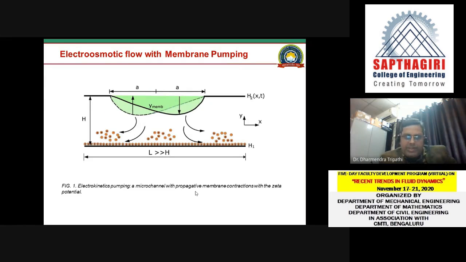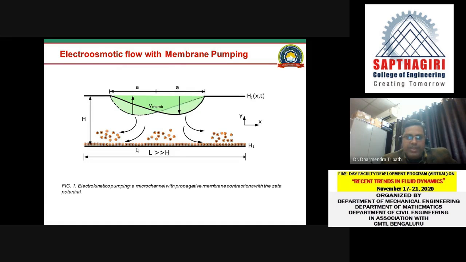So I will come to my first problem, which was recently published in Physics of Fluids in 2020. I will focus on this model. Based on all the basic things, I developed one model with the help of my student and collaborator. This is known as electroosmotic flow with membrane pumping.